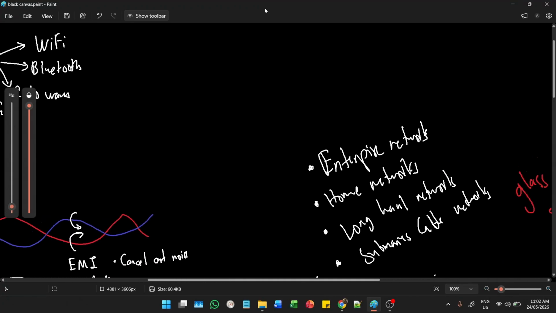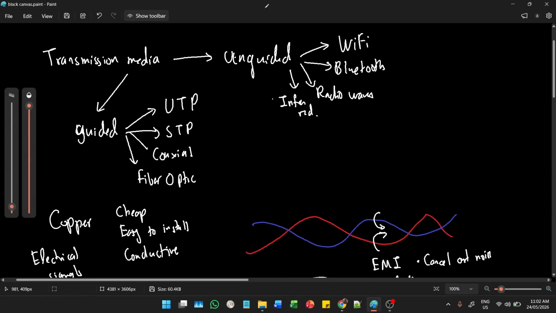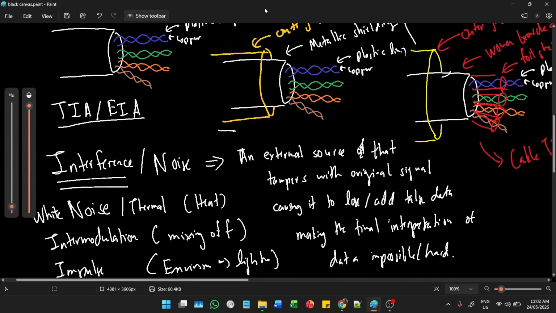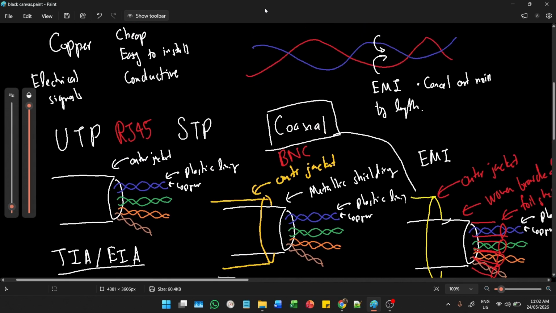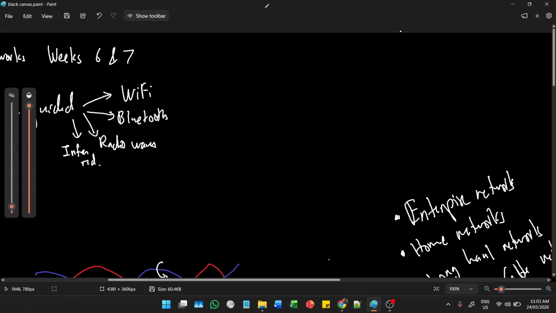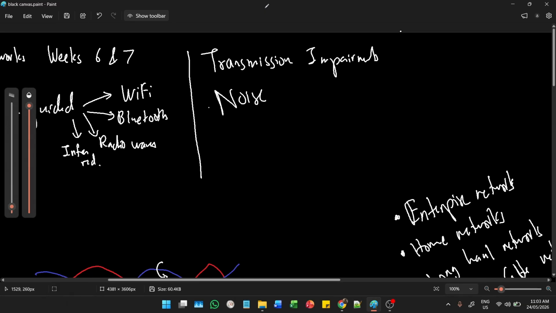So now we have learned about all of this, right? We learned about interferences. So there is something that we should learn along with all of this, which is called transmission impairments. Now, we learned about noise, right?